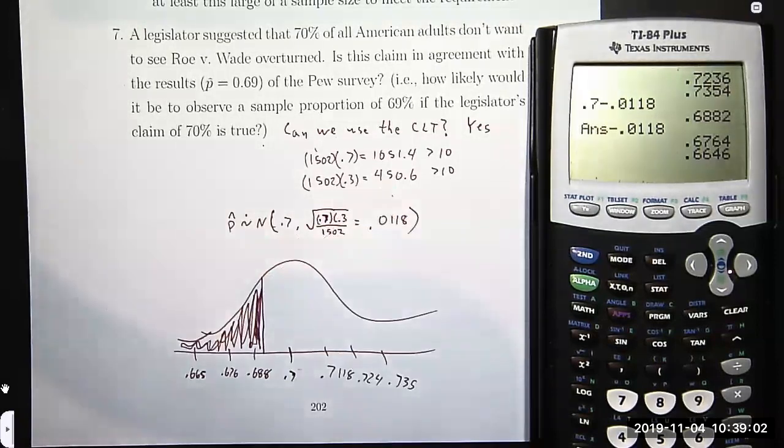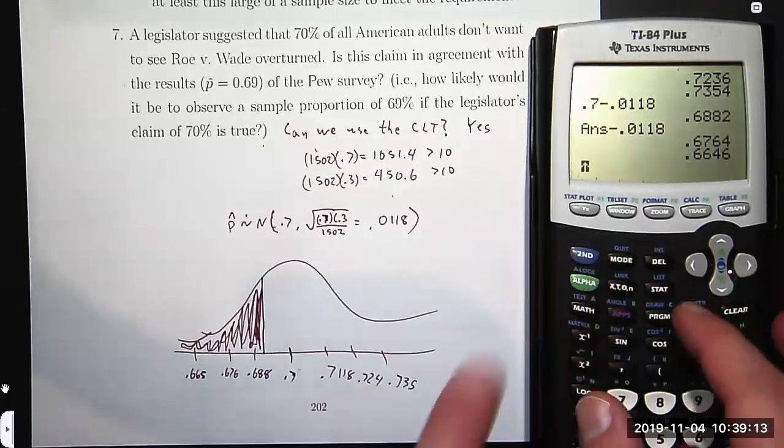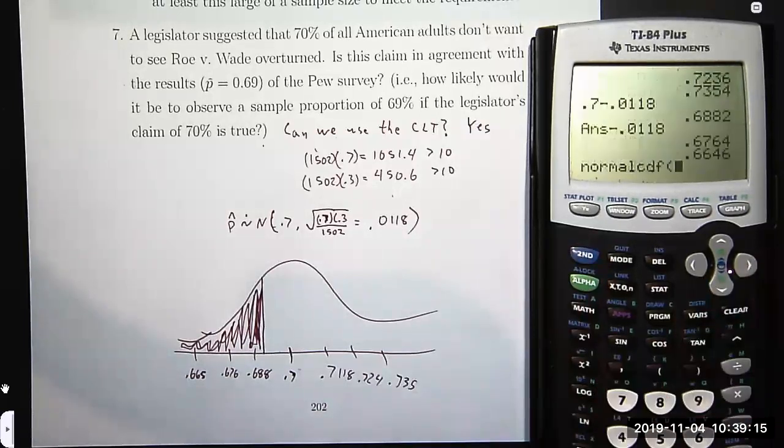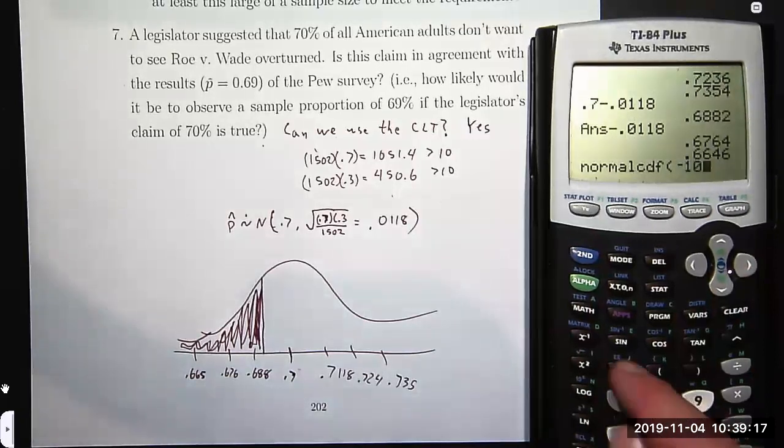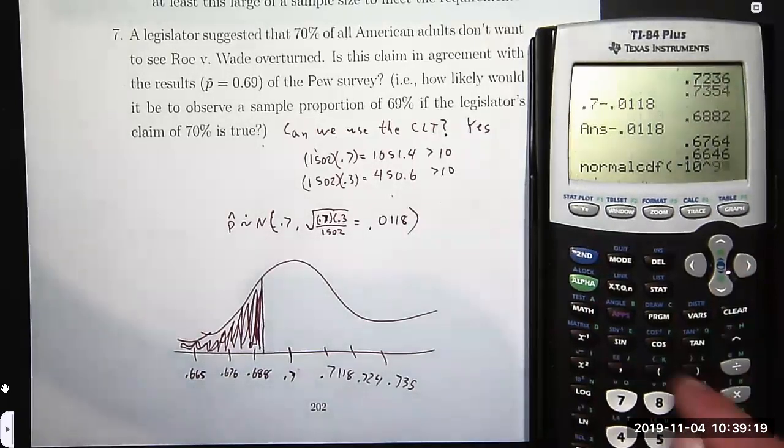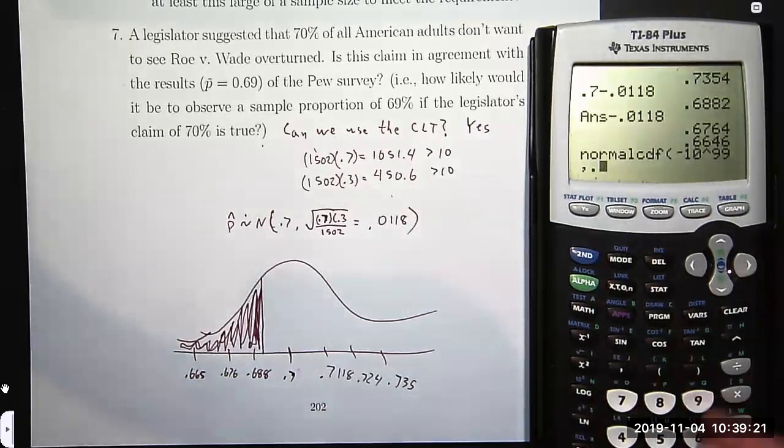All right, and now we can calculate how likely it was to get 69% or less from that. So now we use the normal CDF, lower bound of negative 10 to the 99th, upper bound is 0.69.